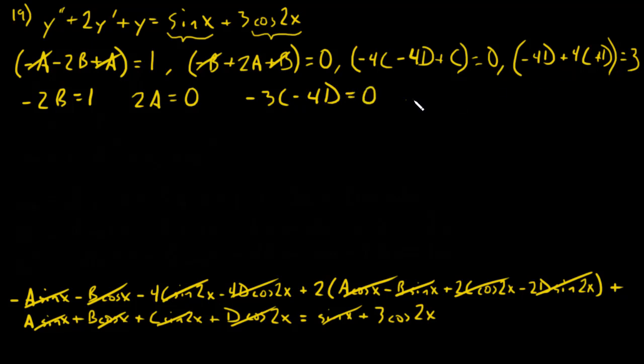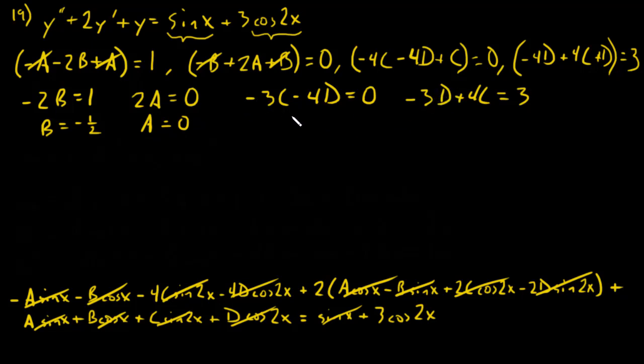And negative 3d plus 4c equals 3. Well, I can solve these. B is going to equal negative 1/2, and then a is going to equal 0. That's not too bad. And this is just a system of equations.